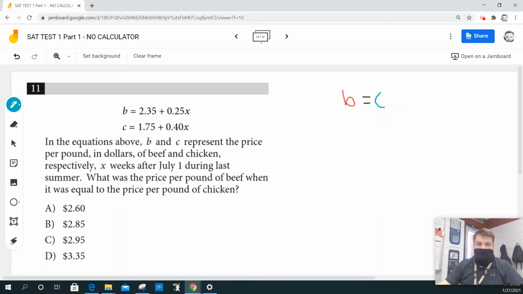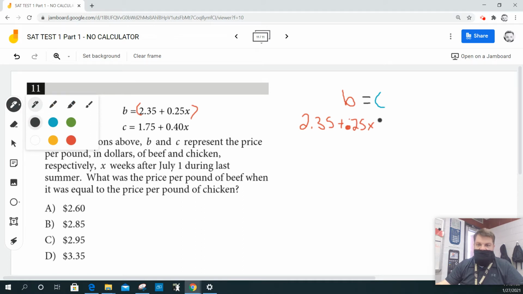Well, beef is equal to, in other words, the price or the cost of beef is equal to 2.35 plus 0.25x. In other words, it's 2.35 plus 0.25 times x.